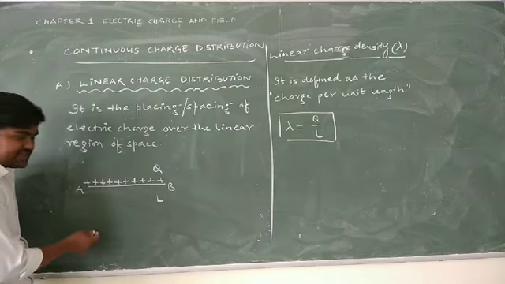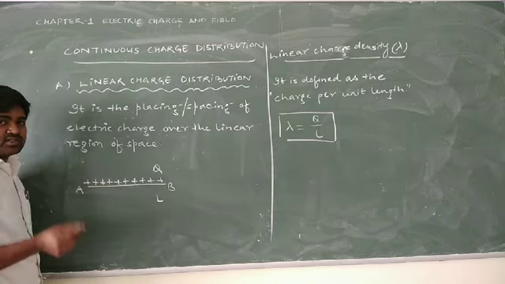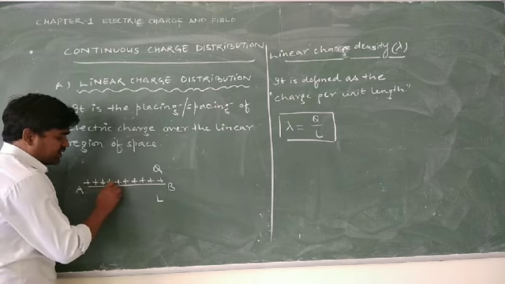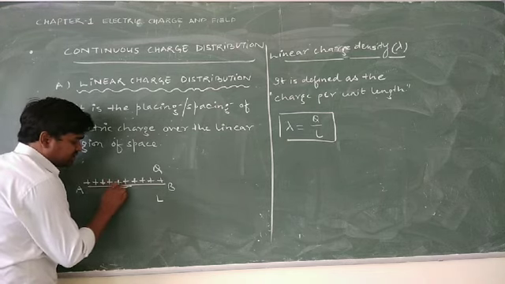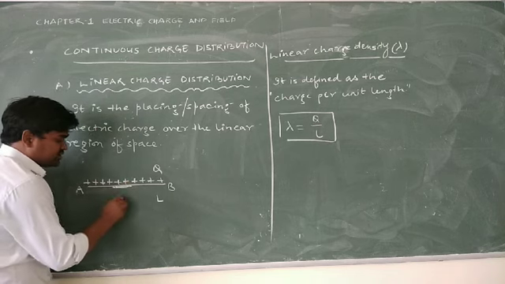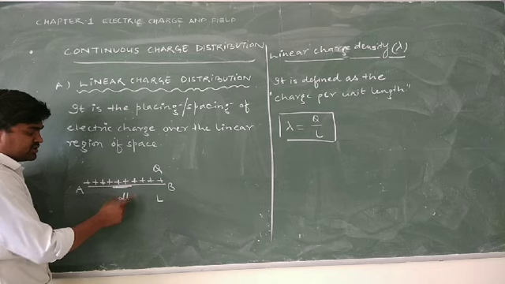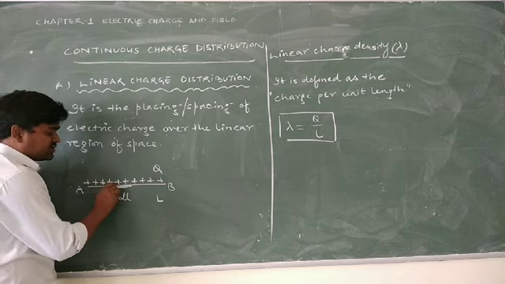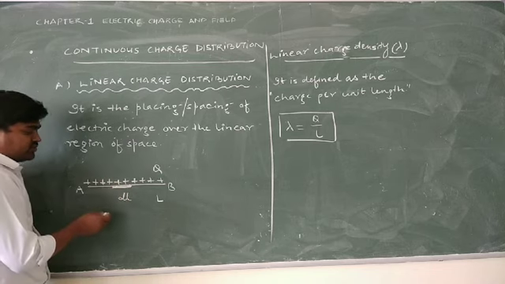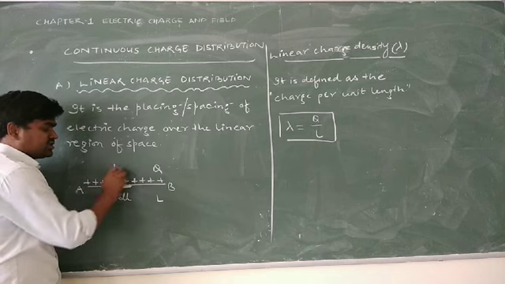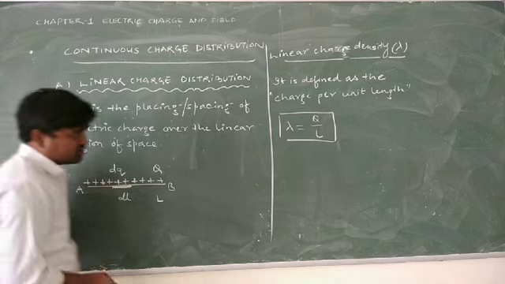Suppose we have a length element. Length element means a small portion of the given length segment. So if I have a length segment represented by dl, dl means a very small part of this whole length, that is the length element, and we assume that on this small length element we have placed a small charge dq.